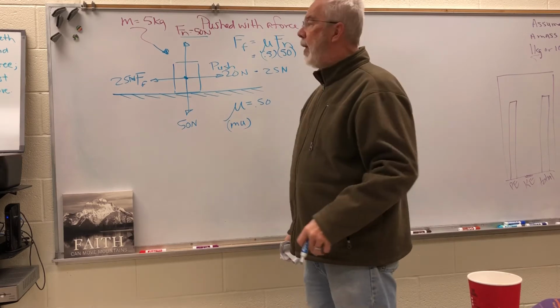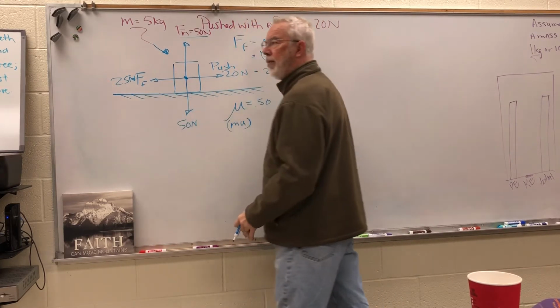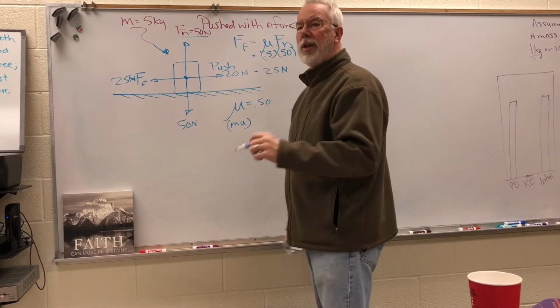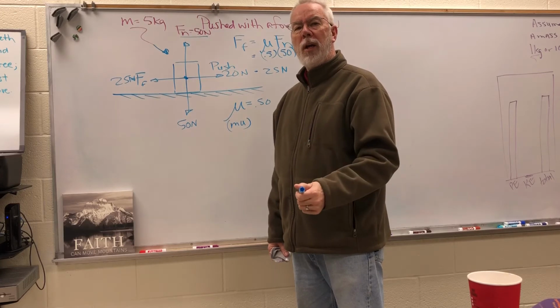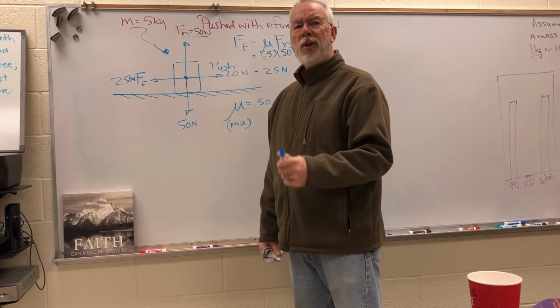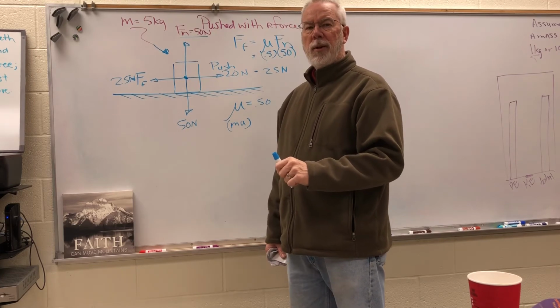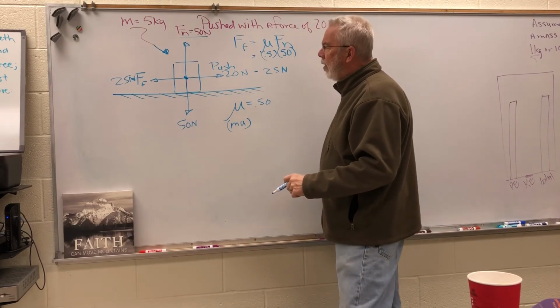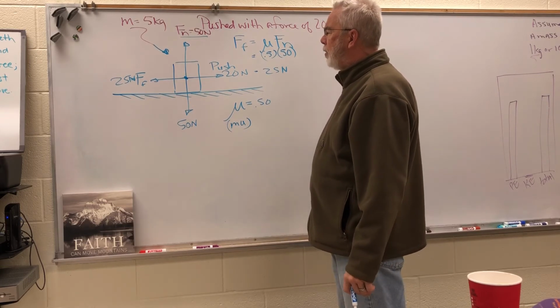You don't want to make the assumption that this frictional force is going to cause the box to move back to the left, because friction doesn't do that. Friction only attempts to take away motion. It's not going to cause motion. Does that make sense? Okay, so that's part one of objects sitting on a table.